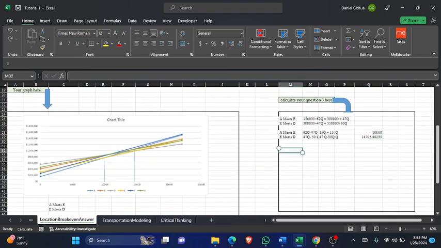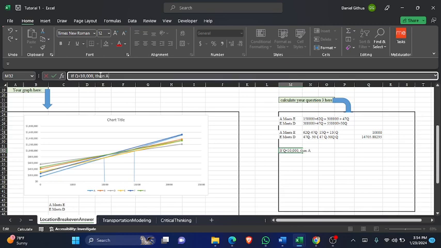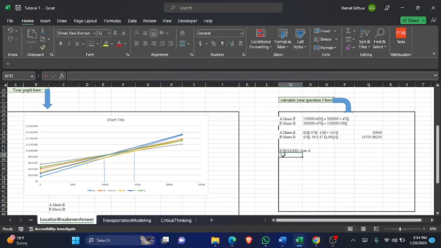So our decision, for the A meets E, if Q is less than 10,000 units, then we will choose A. Now the next decision, let's type here decision points.